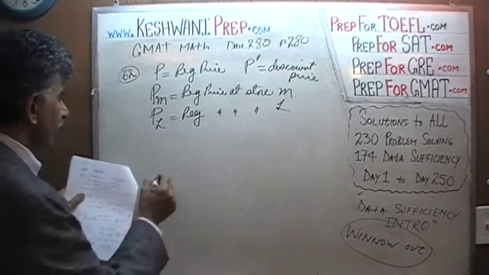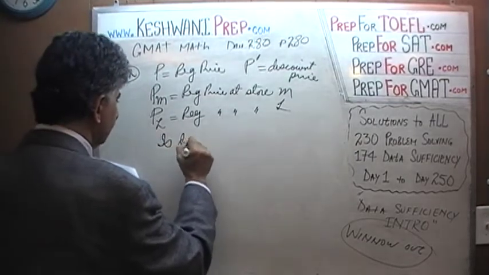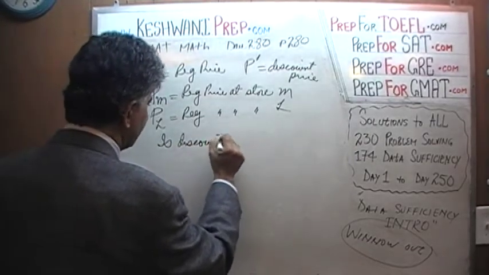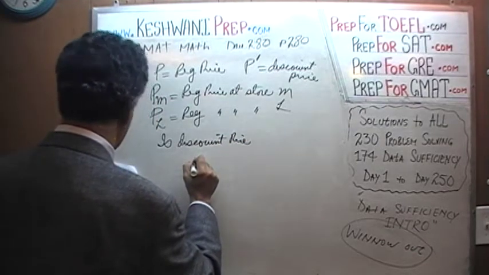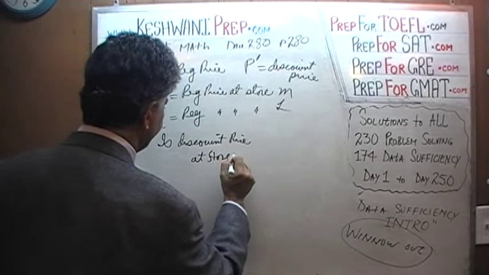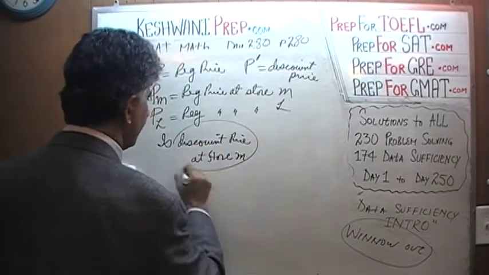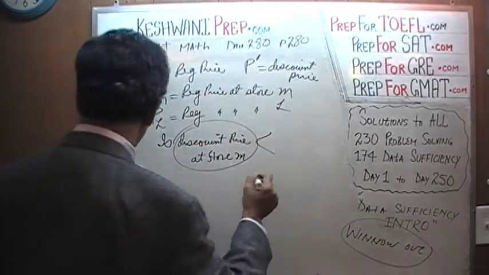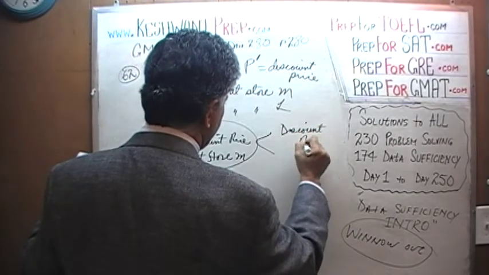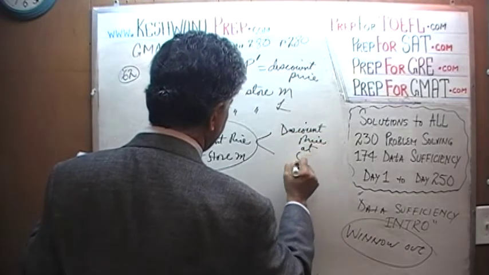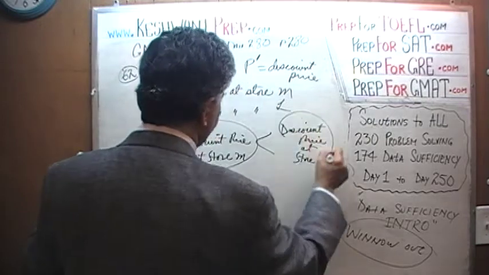The question is: is the discount price at store M less than the discount price at store L?